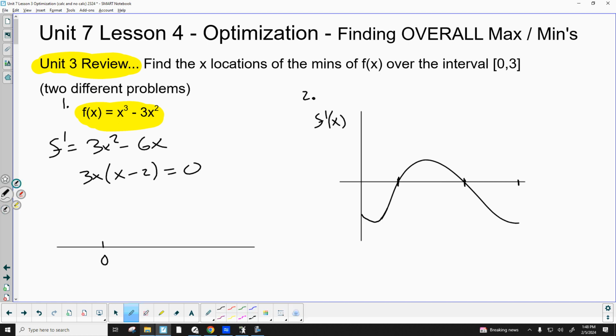When the derivative changes sign, your original function changes direction. Signs of a derivative tell you about an original function increasing or decreasing.